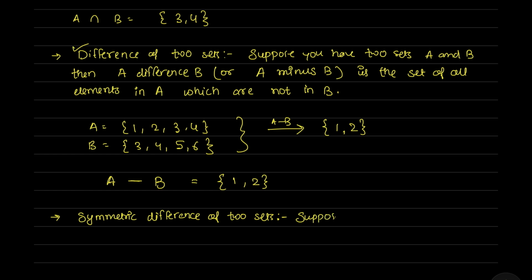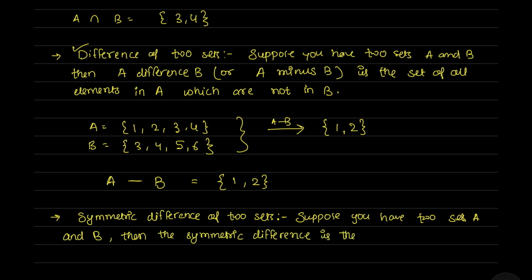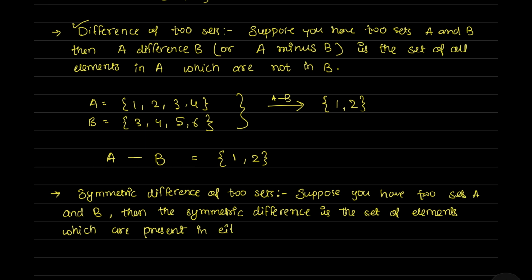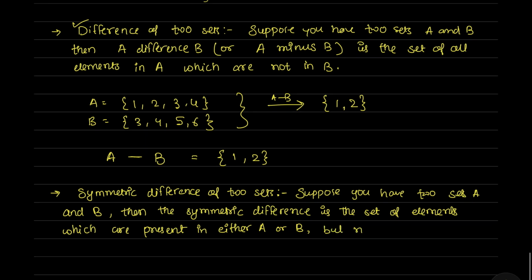Suppose you have two sets A and B, then the symmetric difference is the set of elements which are present in either A or B, but not in both.